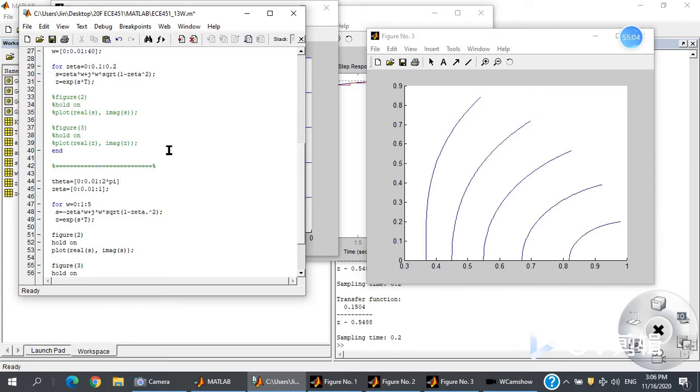I use this as theta, and then zeta is the cosine of theta, and this is the square root of one minus zeta squared, which is sine theta.